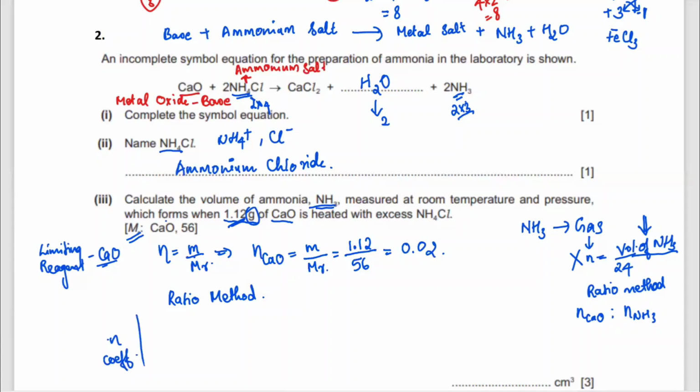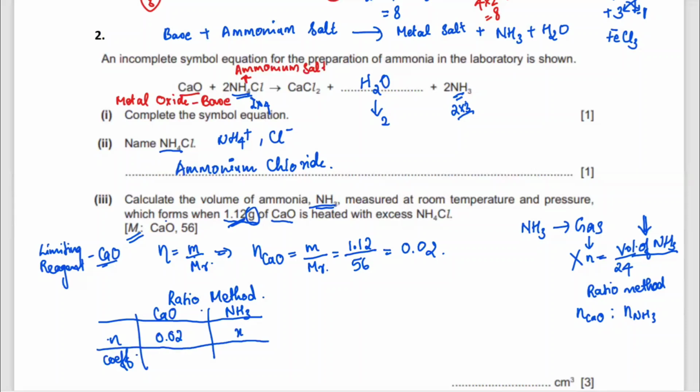Our limiting reagent over here is calcium oxide, and calcium oxide is going to decide the amount of products formed. So we'll be taking the limiting reagent, calcium oxide, and then finding out the number of moles of NH3 required. The number of moles of calcium oxide was found to be 0.02, and we don't know the number of moles of NH3, so we are putting it as X.